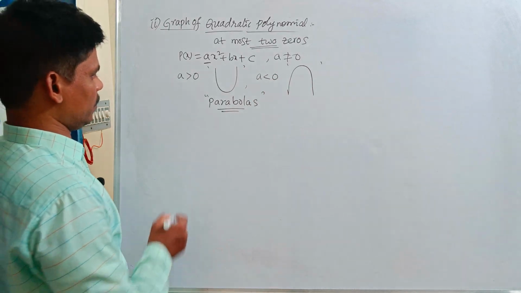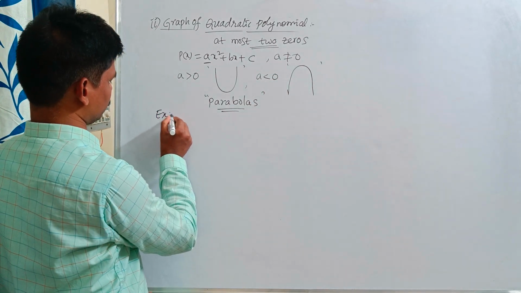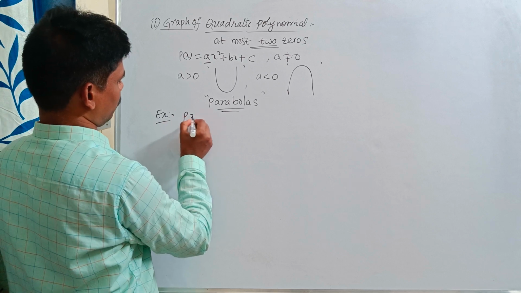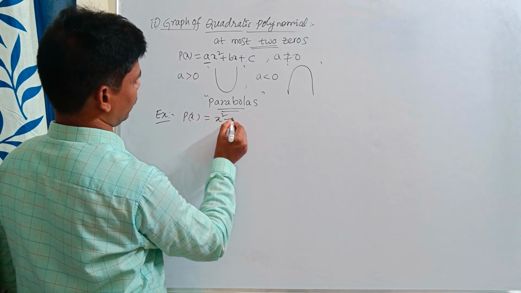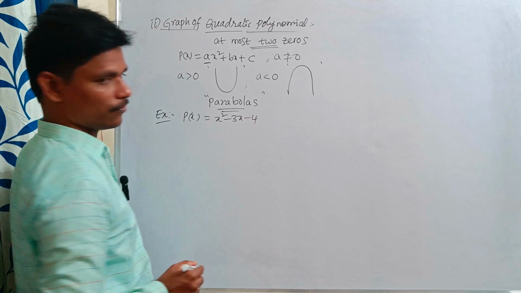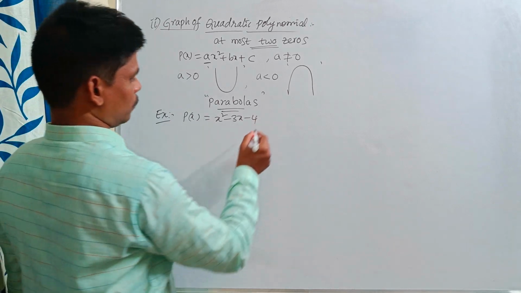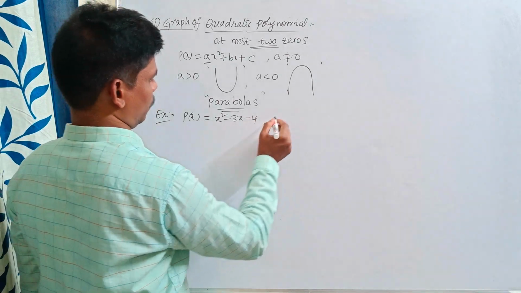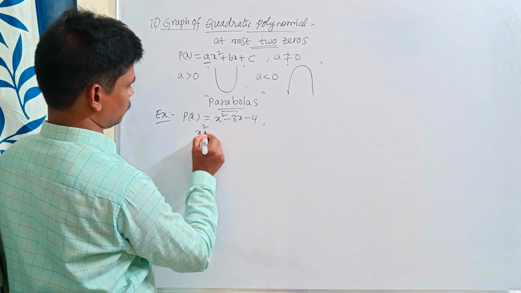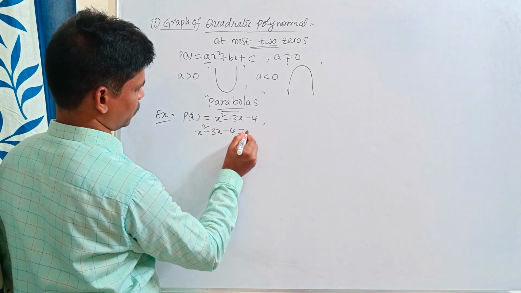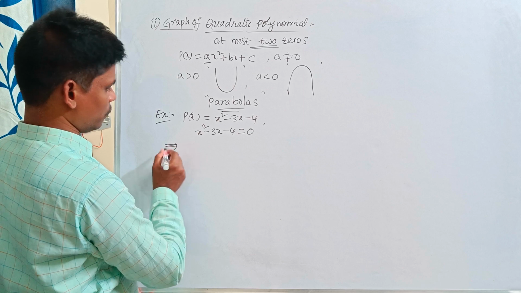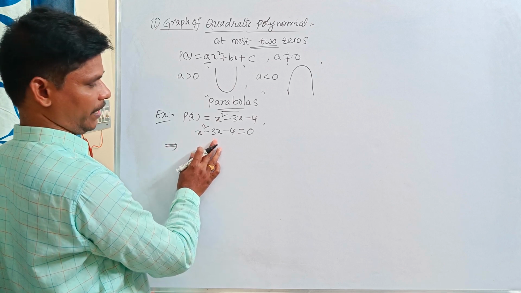We will see one example. Take p of x is equal to x square minus 3x minus 4. How do we find the zeros of this polynomial? Take x square minus 3x minus 4 is equal to 0. We have to split the middle term minus 3x.